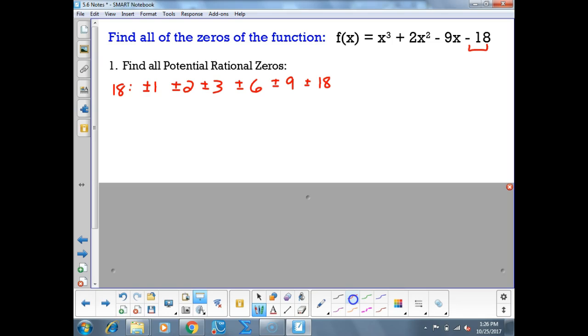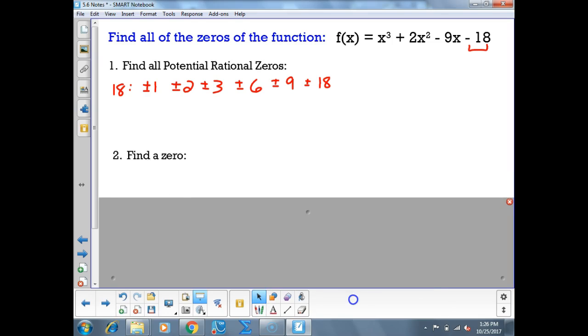Okay. So we've taken our infinitely large list and we've narrowed it down to 12 numbers. Now, from those 12 numbers, you are going to find a 0.